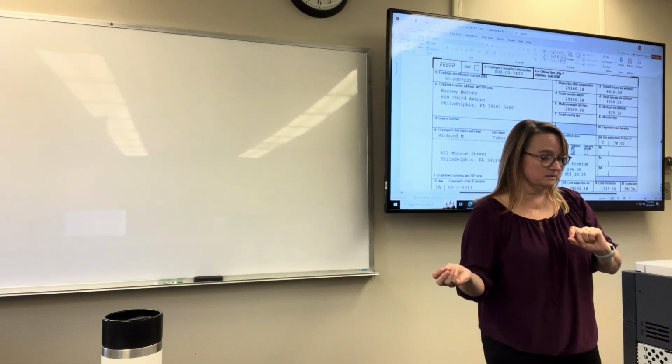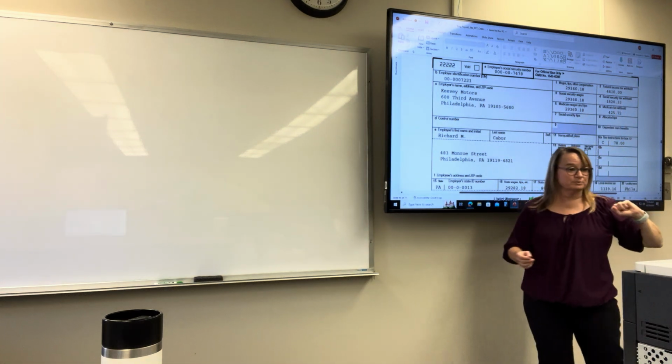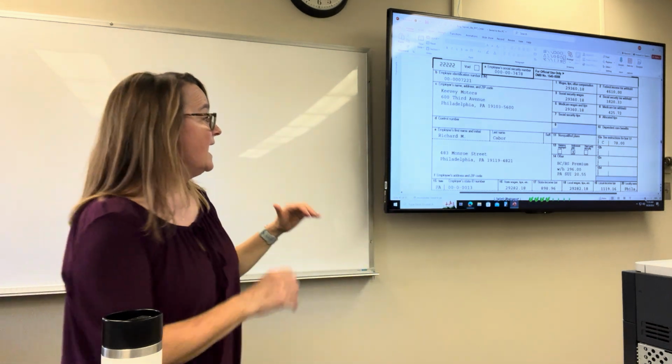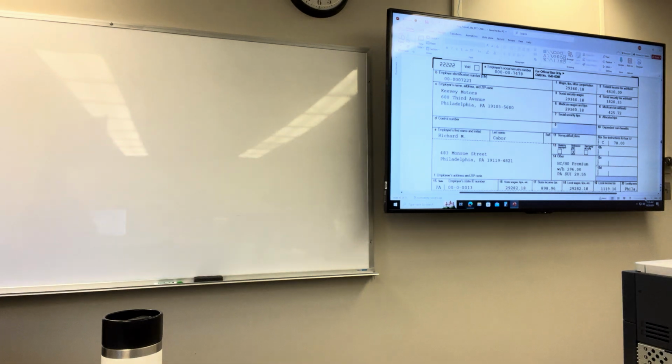I'm getting my lines mixed up, okay? So that needs to be the same. Federal income tax withheld, box 2, all of those added up for all employees have to equal the amount on line 3 on the 941 for all 4 quarters. Those two numbers have to match up.